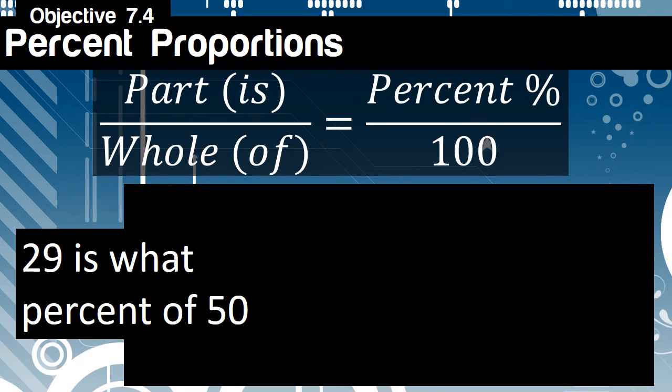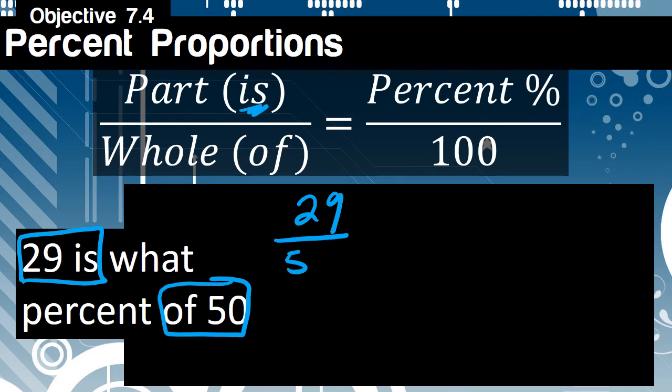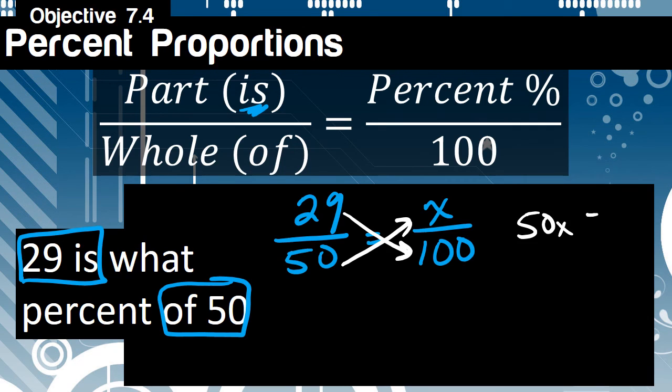So now we have one last example here. We have: 29 is what percent of 50? So we have 29 is, so we already know what the part is here. That's going to be in our numerator. And then we have of 50, so that's our denominator. What percent is going to be our x this time, out of 100. So now let's cross multiply here. We have 50x being equal to 2,900.